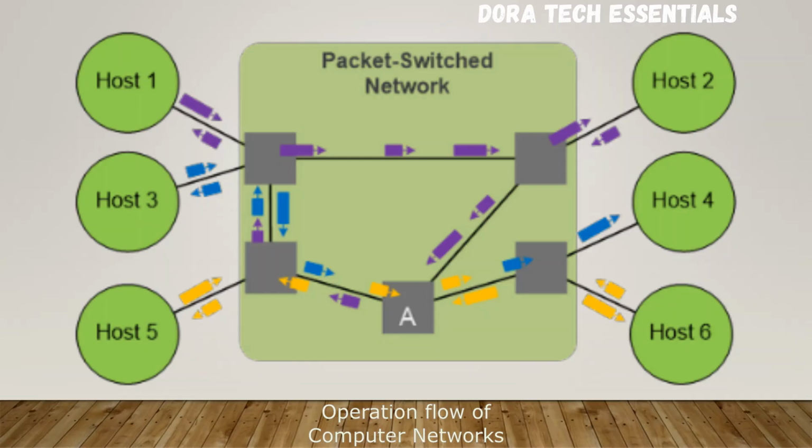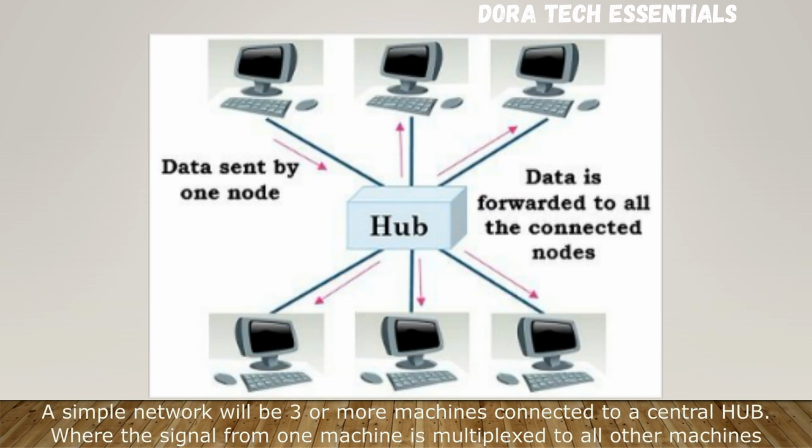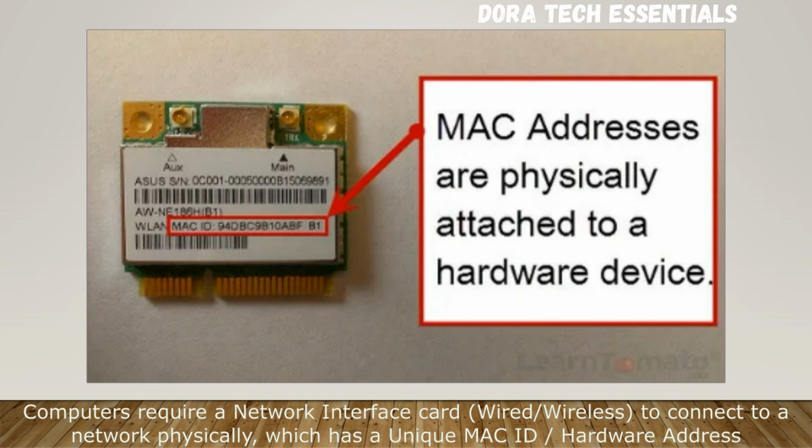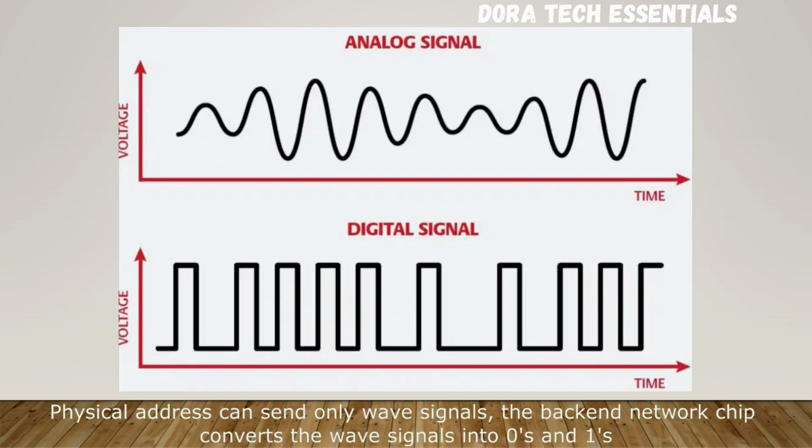Operation flow of computer networks. A simple network will be 3 or more machines connected to a central hub, where the signal from one machine is multiplexed to all other machines. Computers require a network interface card, wired or wireless, to connect to a network physically, which has a unique MAC ID or hardware address.